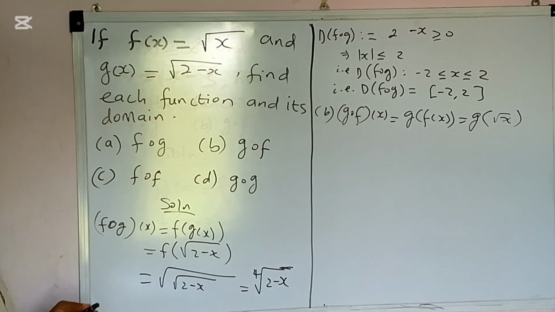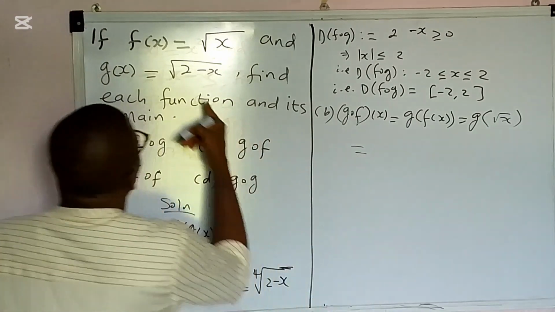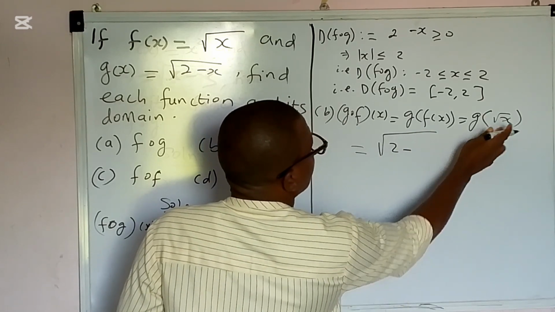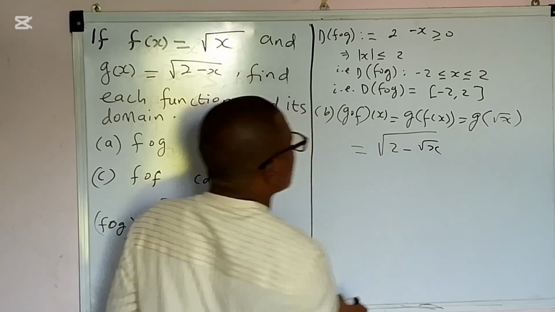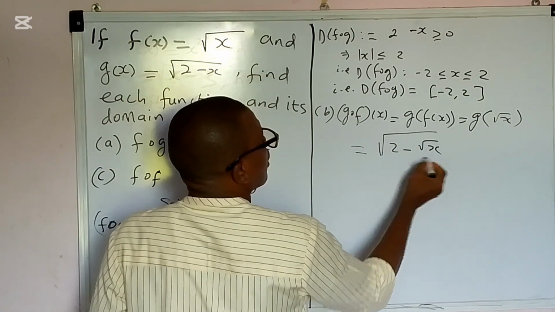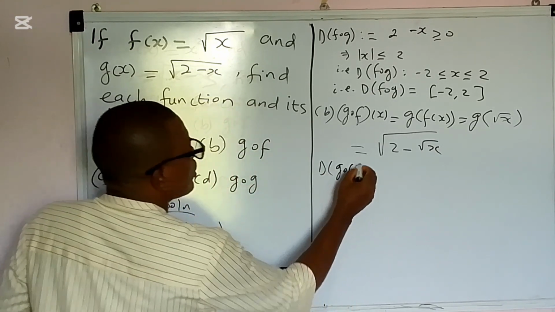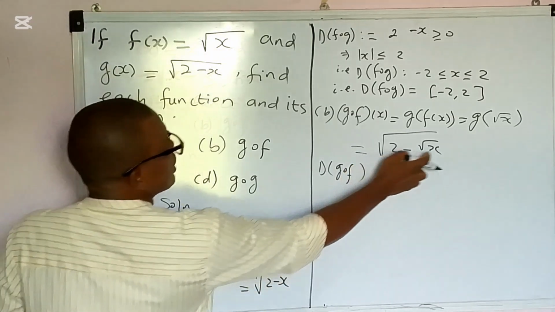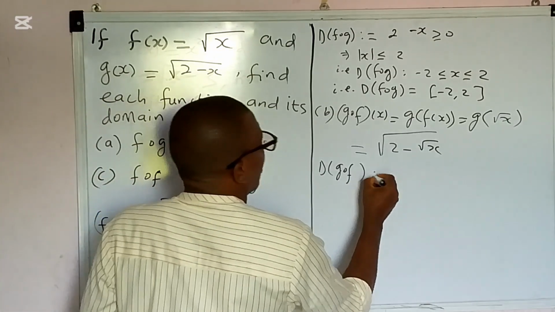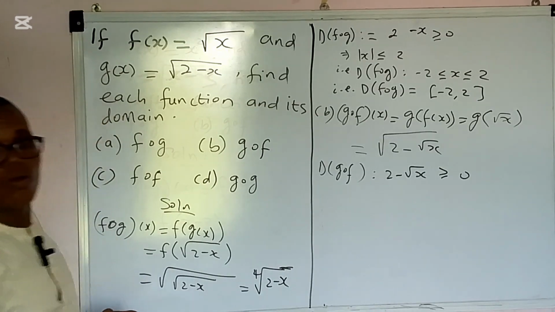So this will be equal to, g itself is defined as the square root of 2 minus root x. This is the function, but if you are interested in the domain of g composition f, it will be such that what is inside, which is your x, must be positive. In other words, 2 minus root x will be greater than or equal to 0.